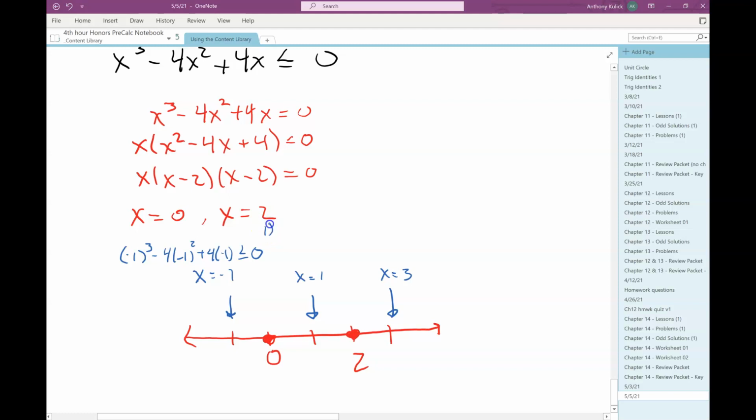If I do the next one, 1 cubed minus 4 times 1 squared plus 4 times 1 is positive. And if I do 3 cubed minus 4 times 3 squared plus 4 times 3, that's also positive.